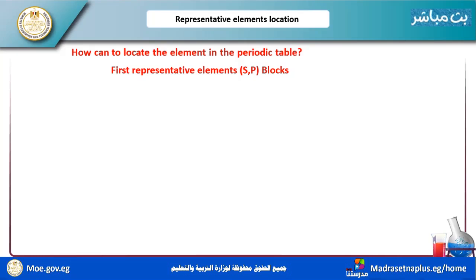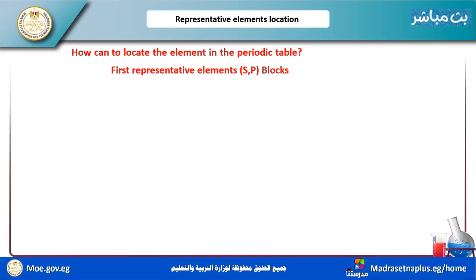These 9 elements didn't need a very huge table, but used a little table, and now we have the modern periodic table. Okay, how can we locate the elements in the periodic table?